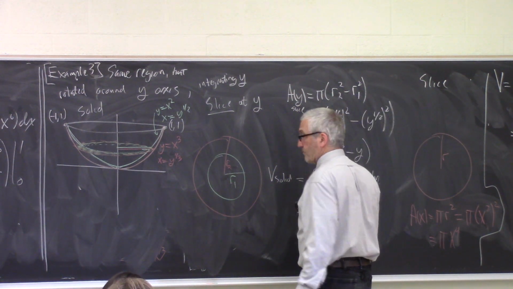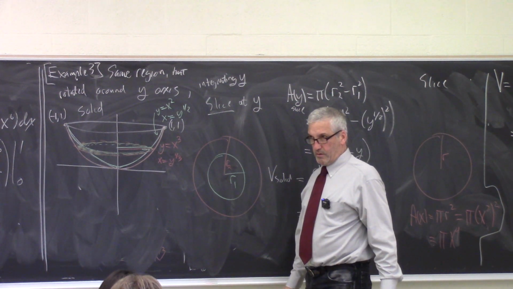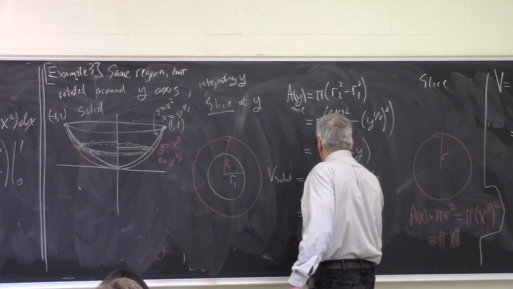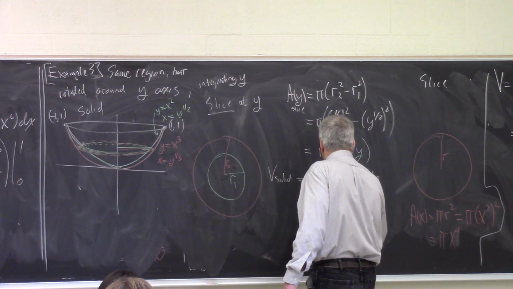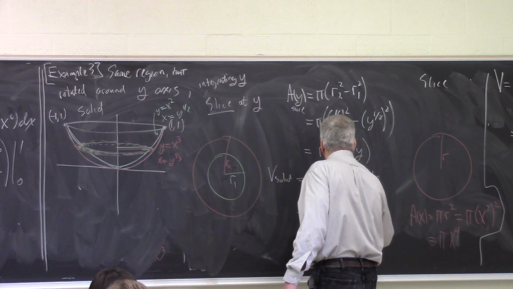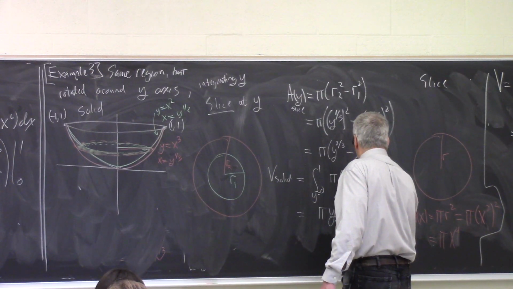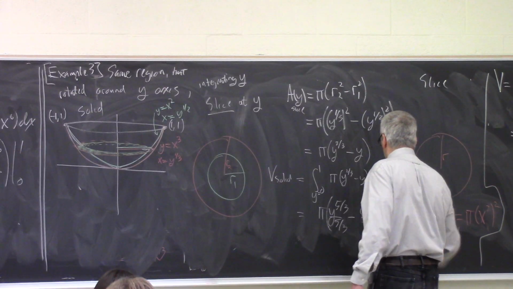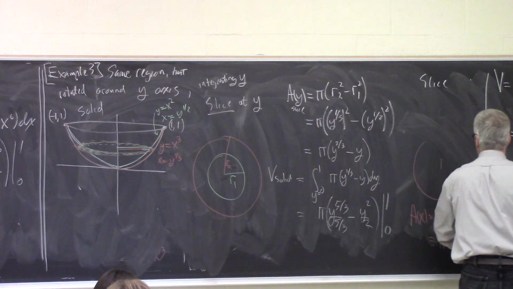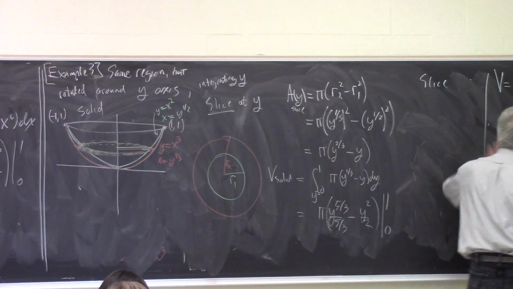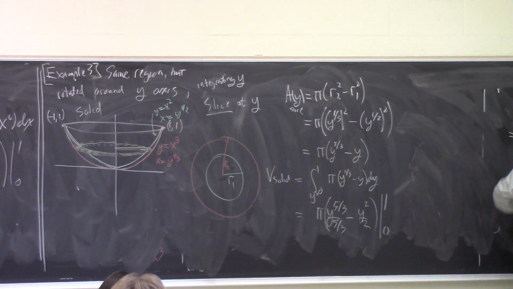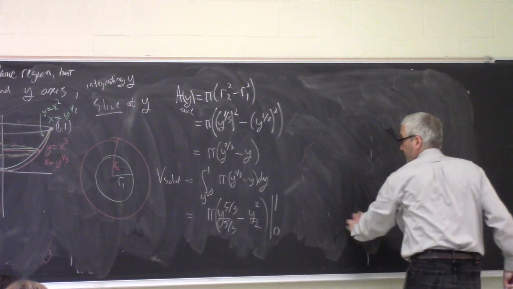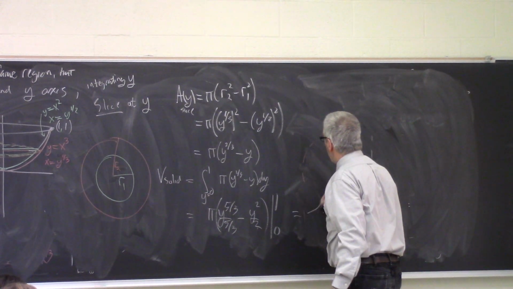What's 2/3 plus 1? 5/3. So pi times y to the 5/3 divided by 5/3, minus y squared over 2, and I've got to evaluate that from 0 to 1. Well, when I plug in 0, all those terms become 0. So all I really need to do is plug in 1.